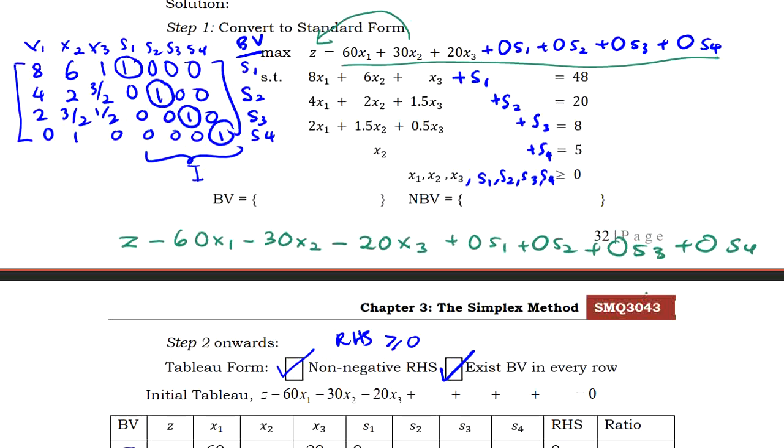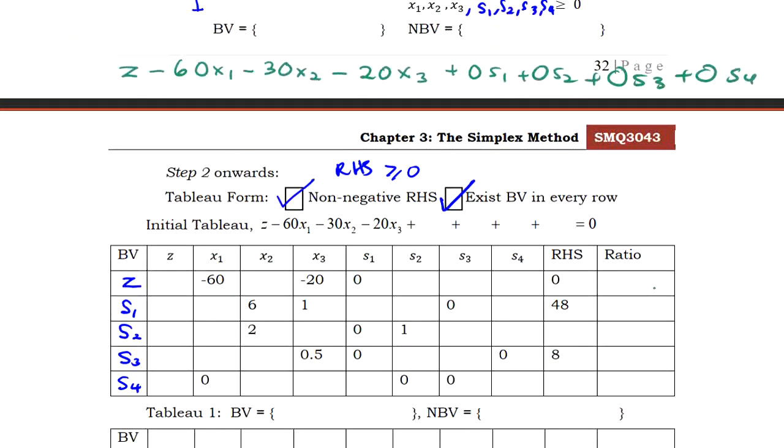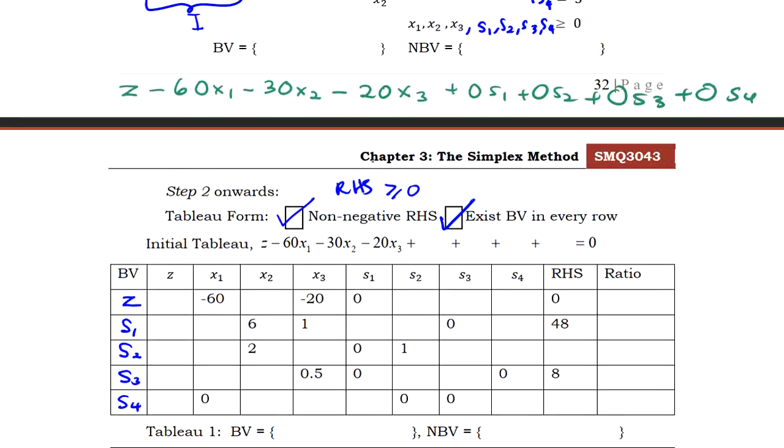For the initial tableau, the first row we call row Z or row 0. For the first column, column Z, the coefficient is 1. For column x1, the coefficient is negative 60.